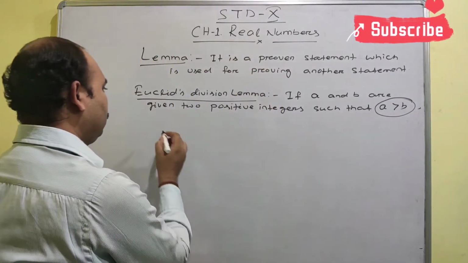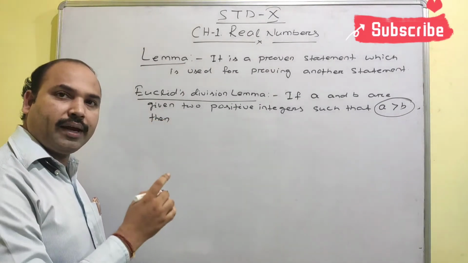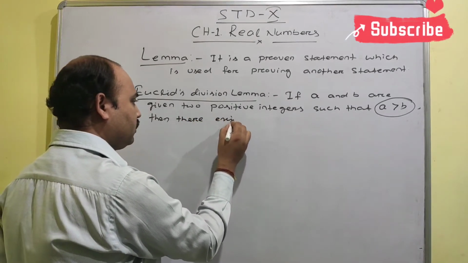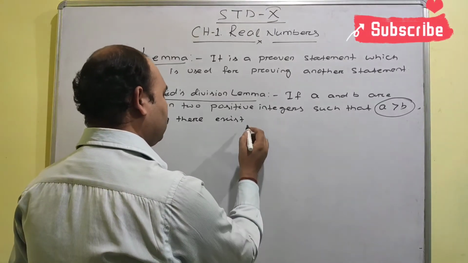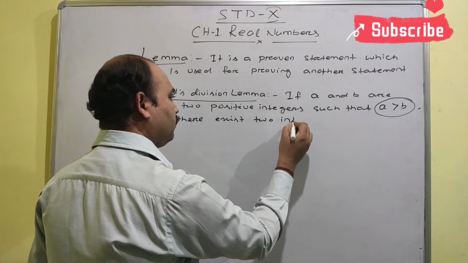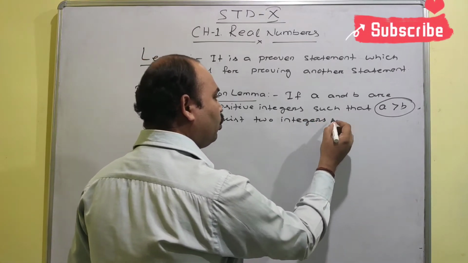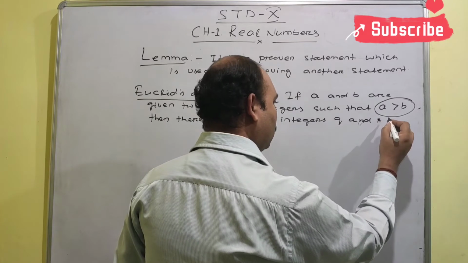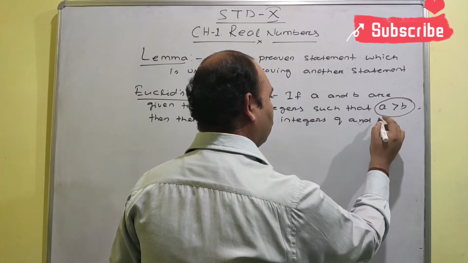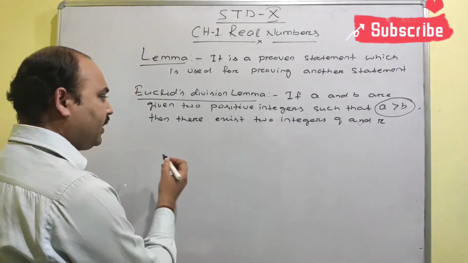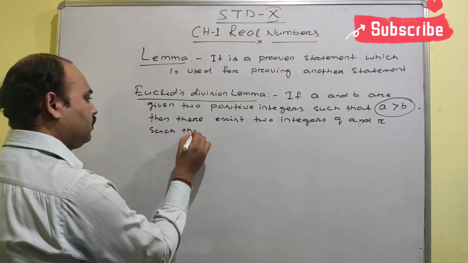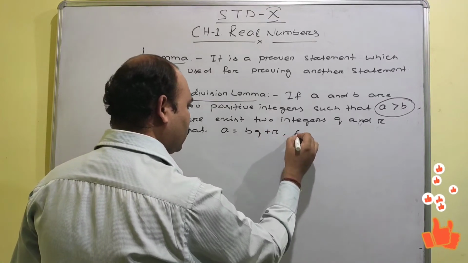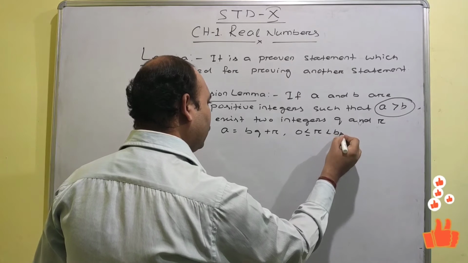Then there exist two integers q and r such that a equals bq plus r, where 0 is smaller than or equal to r, smaller than b.